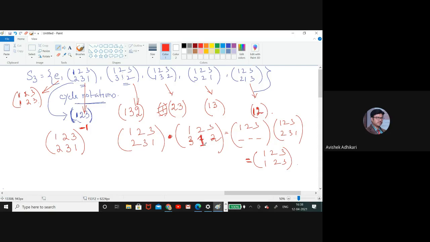Those who have an even roll number, check this product, and those who have an odd roll number, check with this one and tell me whether this value is equal to this identity or not.